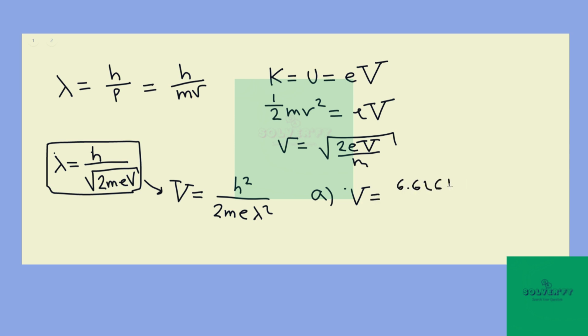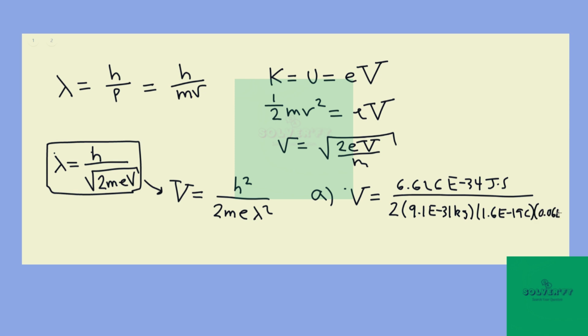6.626 times 10 to the negative 34 joule seconds, over 2 times the mass of an electron, 9.11 times 10 to the negative 31 kilograms, times the electron charge, 1.6 times 10 to the negative 19 coulombs, and of course, our lambda of 0.06 nanometers.